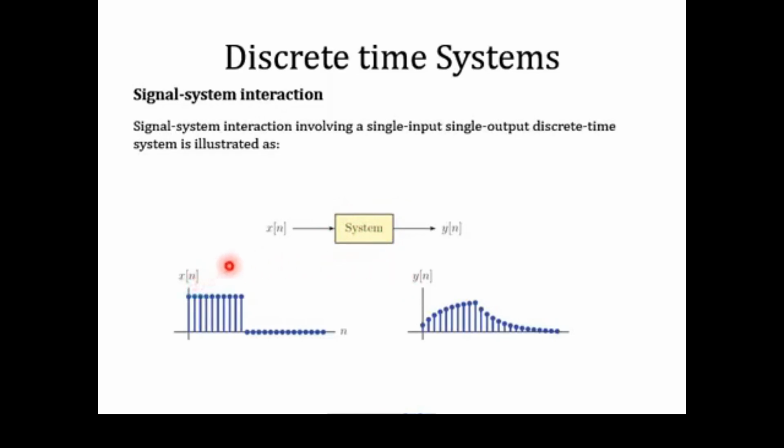So an equation which can relate y of n and x of n will be called the difference equation, and that difference equation will be considered as the model of our discrete time system. Or in simple words, that difference equation will represent the characteristics of system, and with the help of that difference equation we can calculate y of n or the output signal corresponding to any x of n.